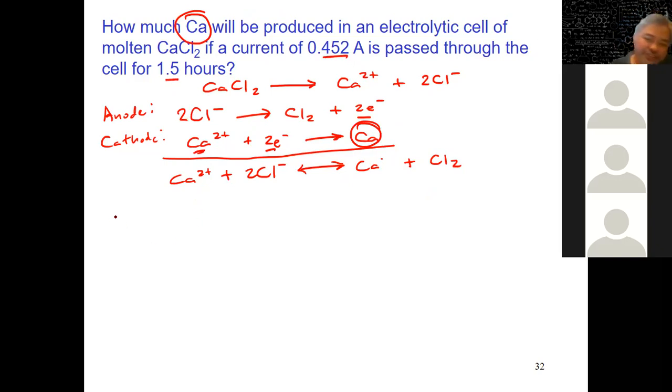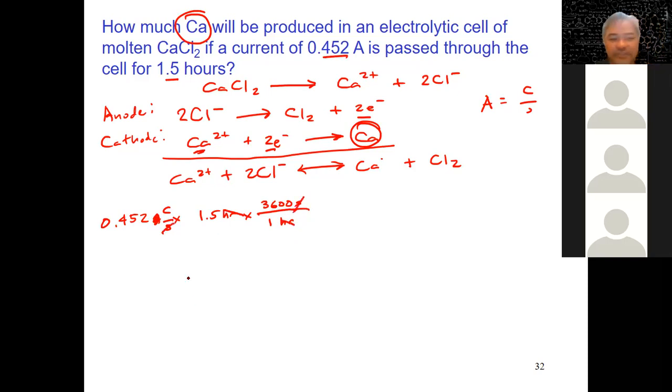So maybe you can start, okay, I have 0.452 ampere, and then I multiply it with 1.5 hours, which I need to convert to seconds. Now, ampere is coulomb per second, so I can replace this and make it like that. Why? Because I need to cancel out the unit.